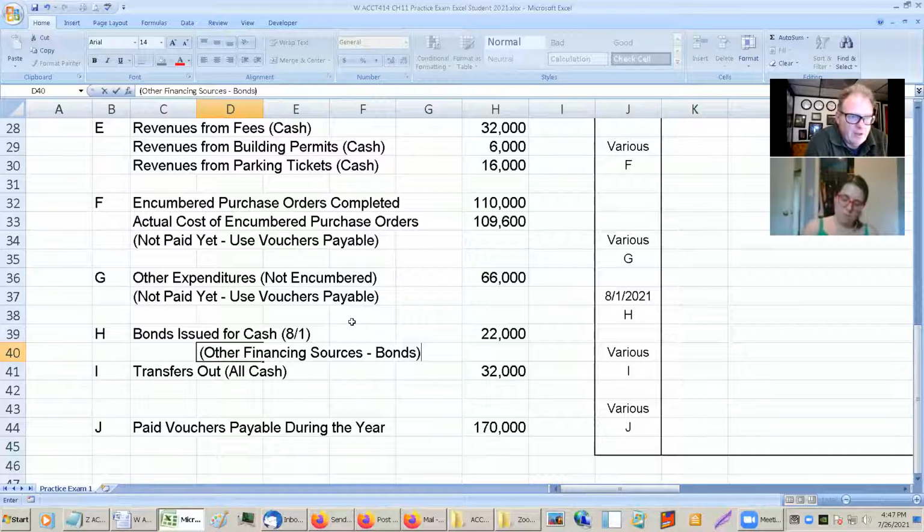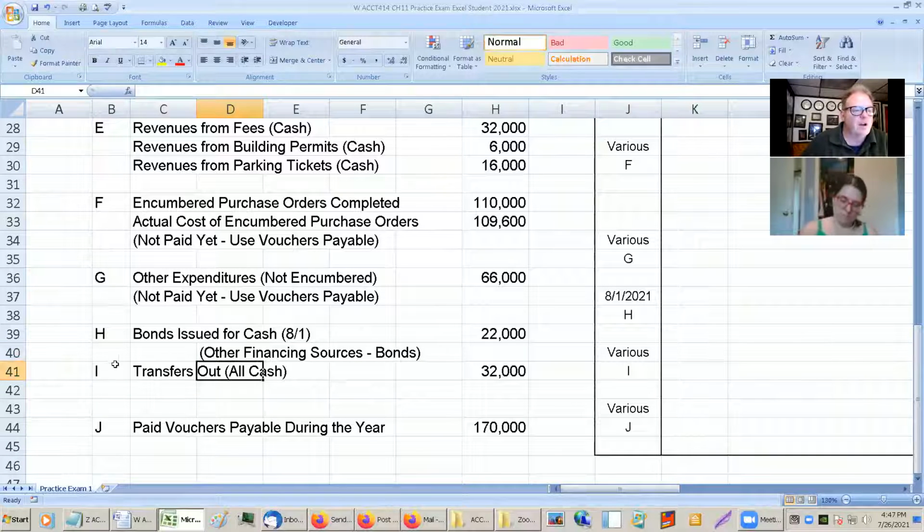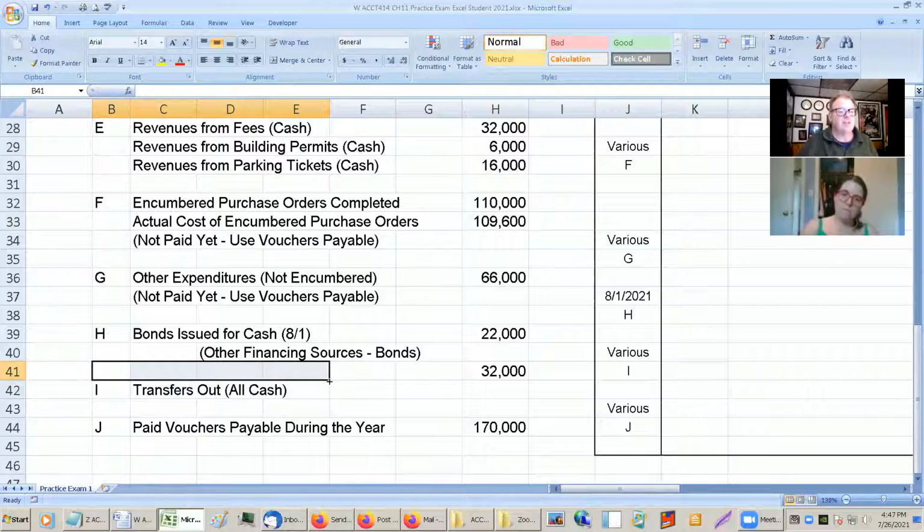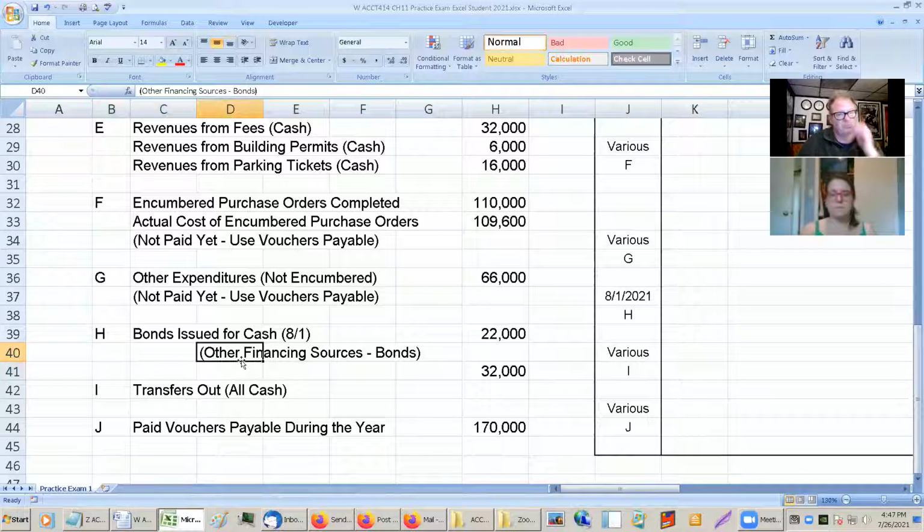Normally you'd think of that as a liability, but in our wacky fund accounting world, it's just, hey, money came in. So H will be other financing sources, bond.